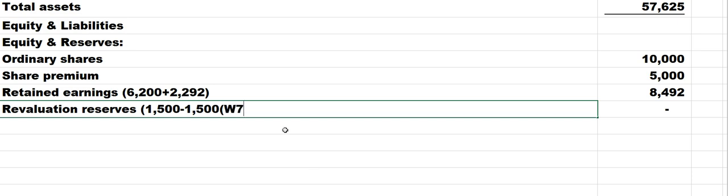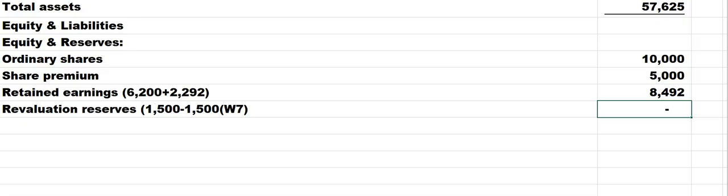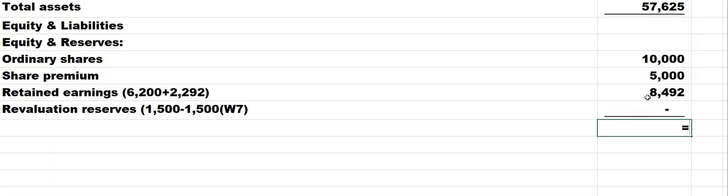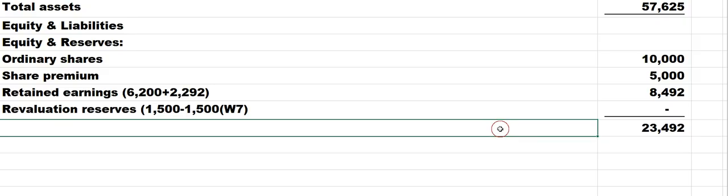So that's working 7. That's why we end up with a 0. So we can add this equity. This gives me 23,492. And this is equity attributable to owners of ATL.